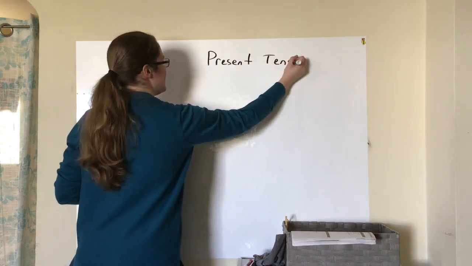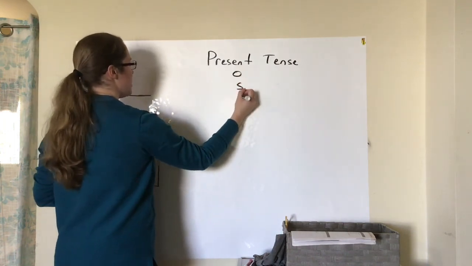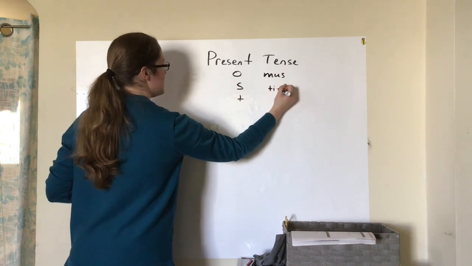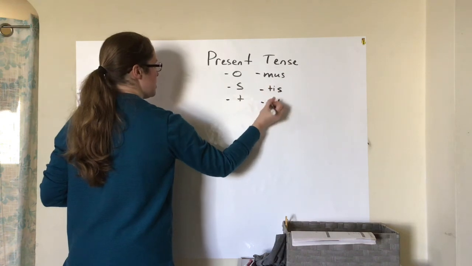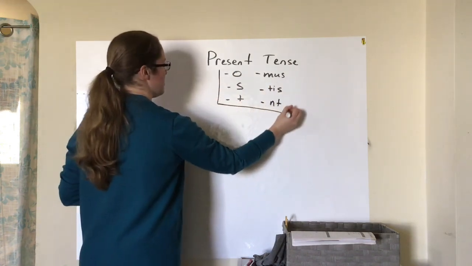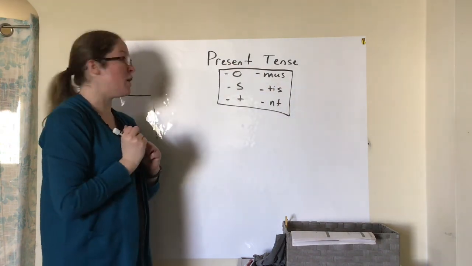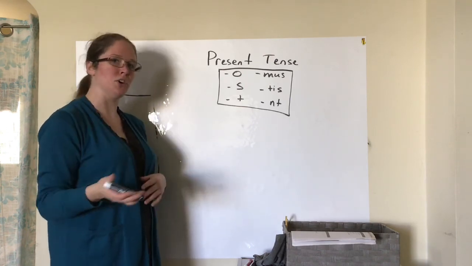So we have learned the present tense. We just see the endings, o, s, t, mus, tis, nt, the present tense verb endings. I, you, he, she, it, we, you all, and they. Those were our present tense endings. So far we've been translating it as I walk, I see, I look.